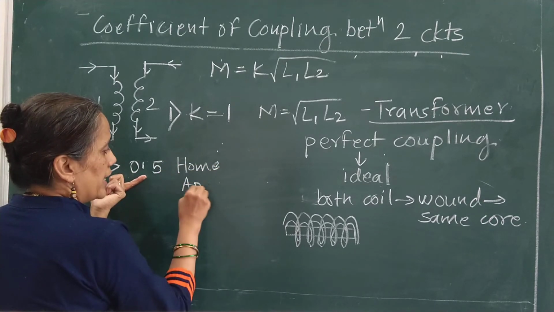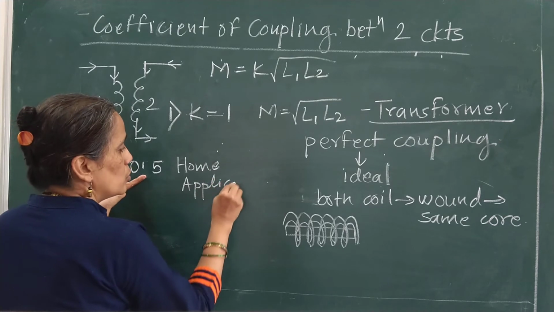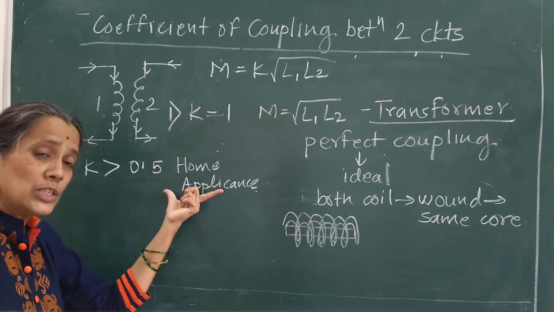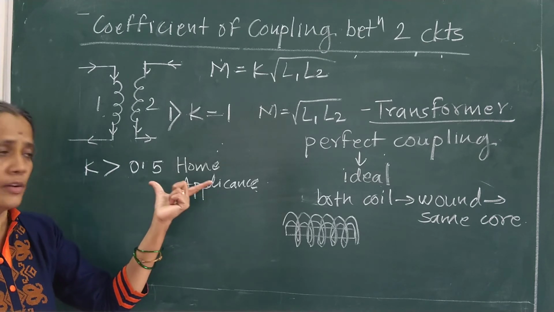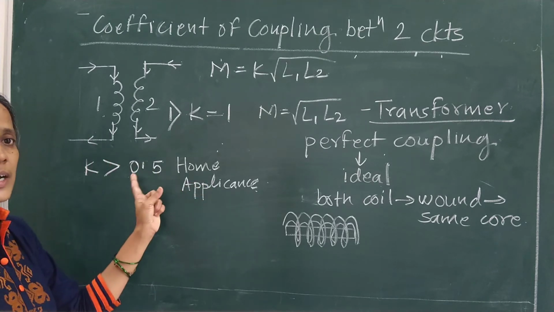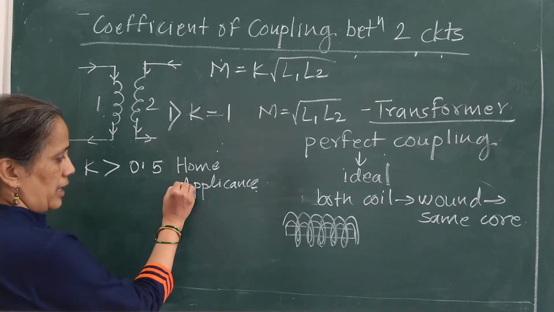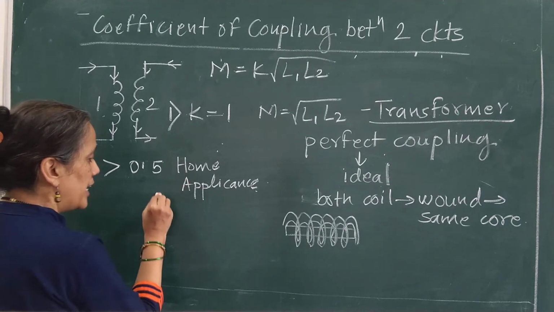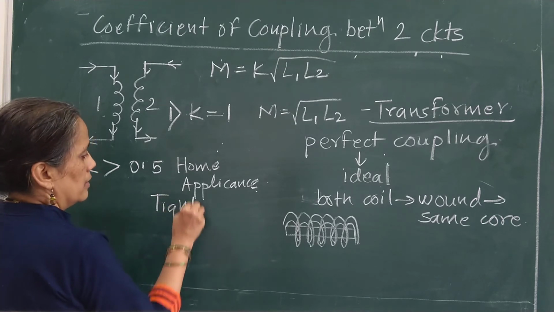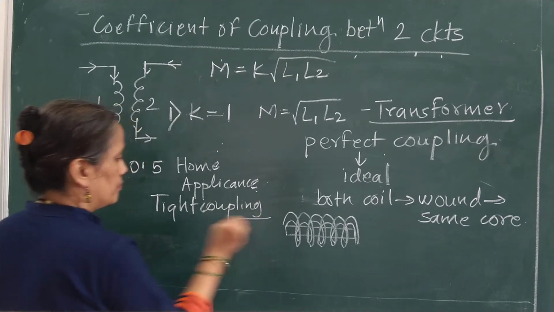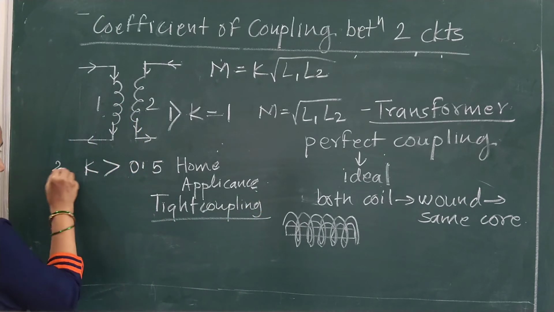So whatever transformers are used in home appliances, for that transformer K is greater than 0.5. And that type of coupling is called a tight coupling. And this is the second case.